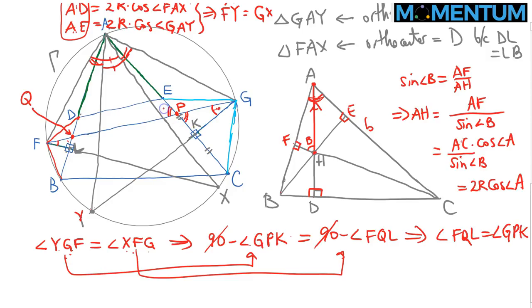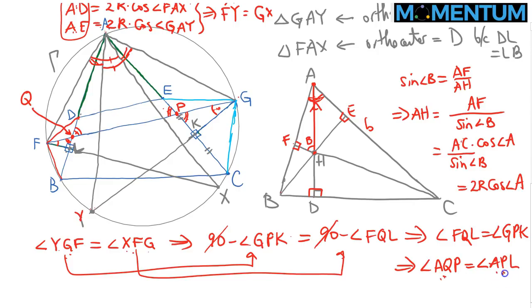Okay, but then by vertical angles, FQL is the same thing as AQP. Sorry, that point is a Q. This angle and this angle are vertical angles, AQP. And similarly, vertical angles, I already marked this one, so GPK is the same as angle APL.